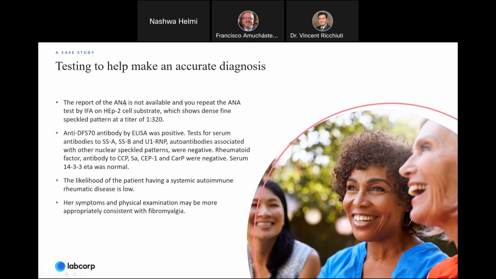The report of the ANA is not available to you, so you decide to repeat the ANA using Labcorp and to test by IFA on HEp-2 cell substrate, which actually shows a dense fine speckle pattern at a high titer of 320. The anti-DFS70 antibody by ELISA was positive.